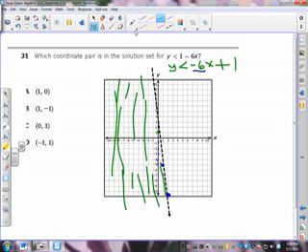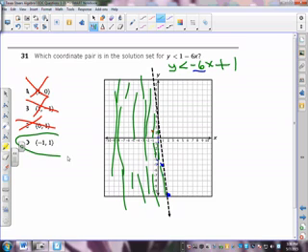Let's see which is in the solution region now. 1, 0 is not in the solution. That's above the line. 1, -1 doesn't look like it's going to be a solution. 0, 1 looks like it's right on it, and we need less than that. -1, 1 right there, that is in the solution, because if you shade it down, you would hit it. So D would be the answer.